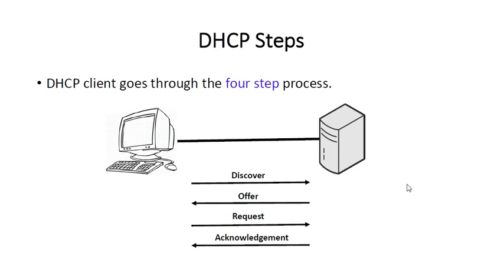So the packet frame that carries the offer, the request and the acknowledgement consists of the durations as well as the configuration information. So that is how the DHCP client and the server communicate.